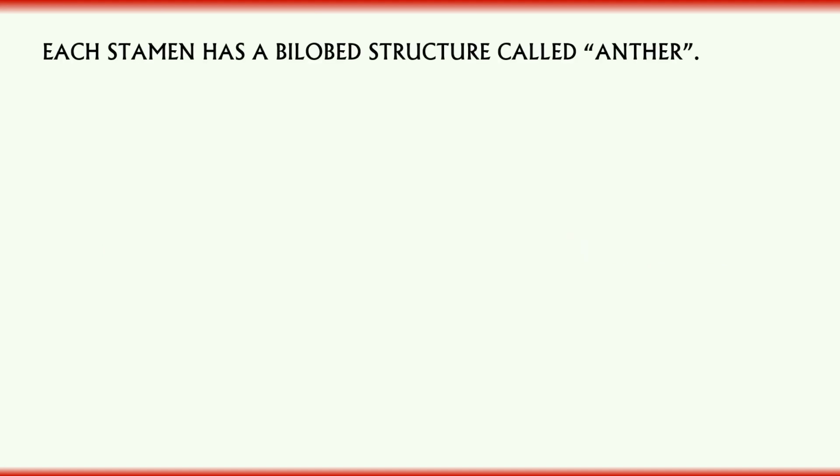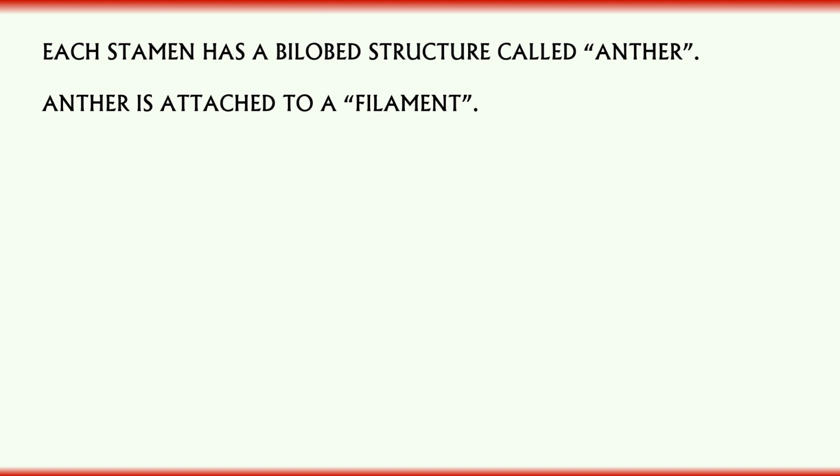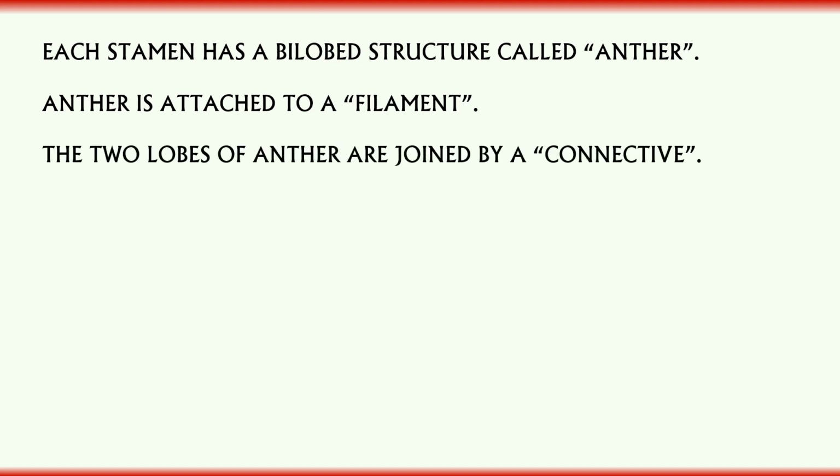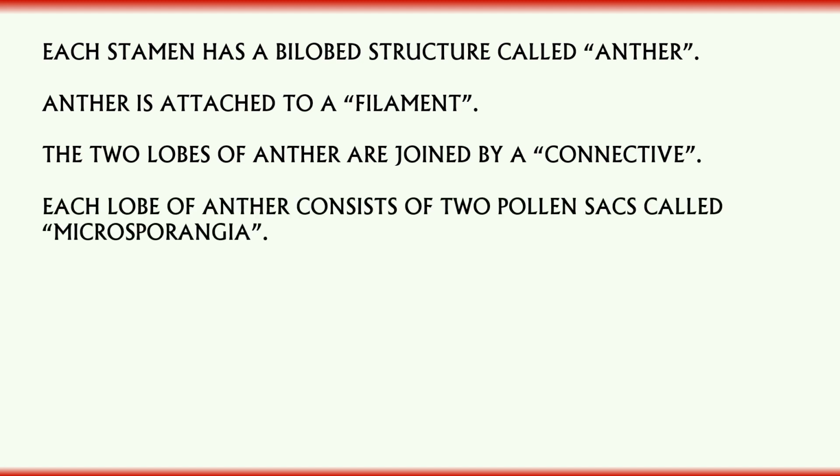Structure of a stamen. Each stamen has a bilobed structure called anther. Anther is attached to a filament. The two lobes of anther are joined by a connective which consists of vascular bundle to provide water and nutrients.